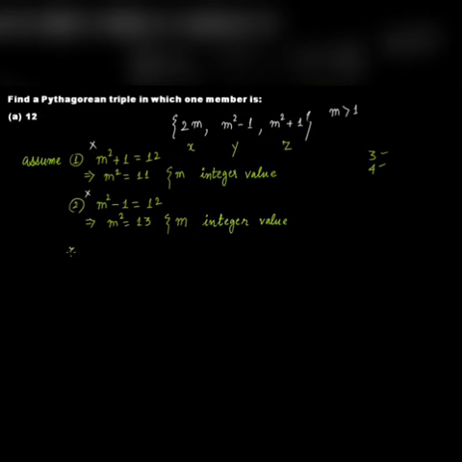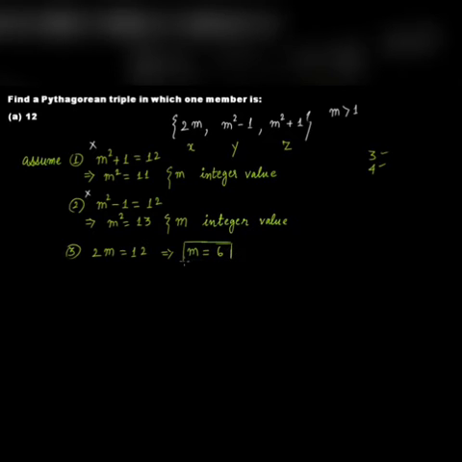So let's move to the third assumption, that this 12 is actually x. It means 2m is equal to 12. Now from here, if you divide both the LHS and the RHS by 2, you get m is equal to 6.